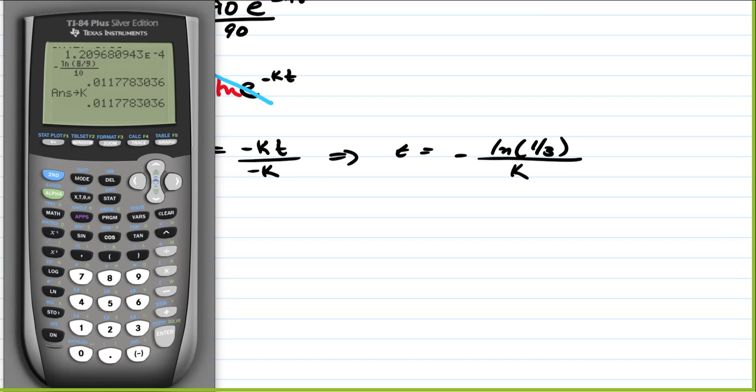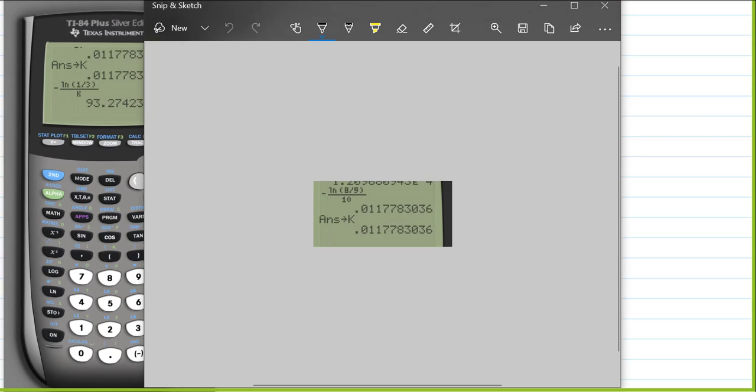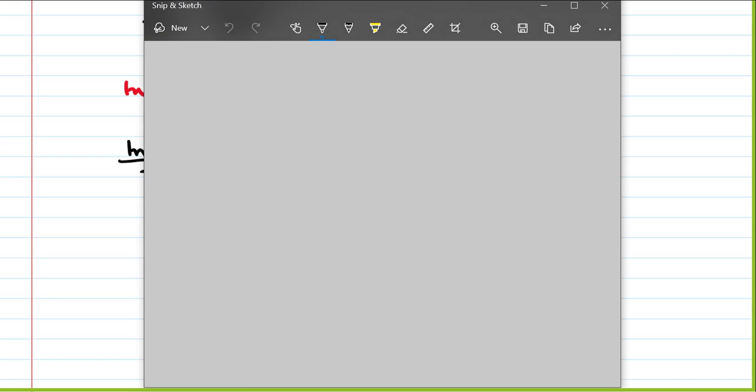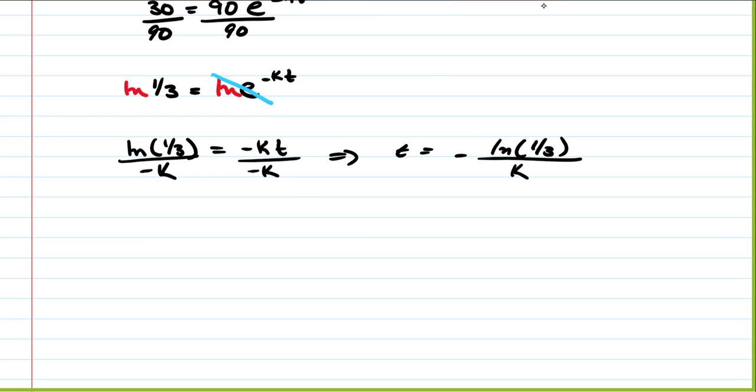k is stored in our calculator. So negative of the natural logarithm of 1/3 divided by k. Press enter, and we get 93.